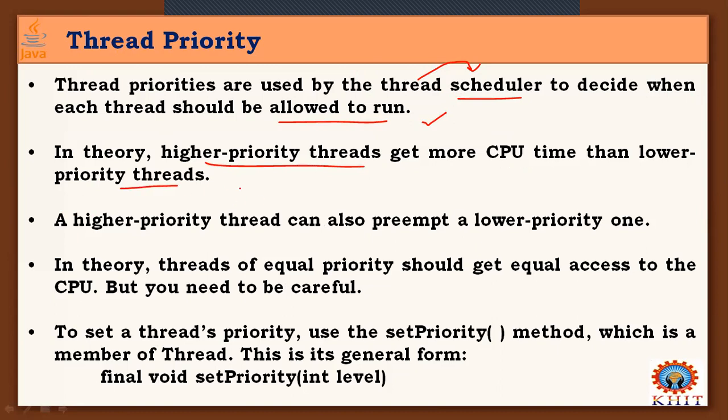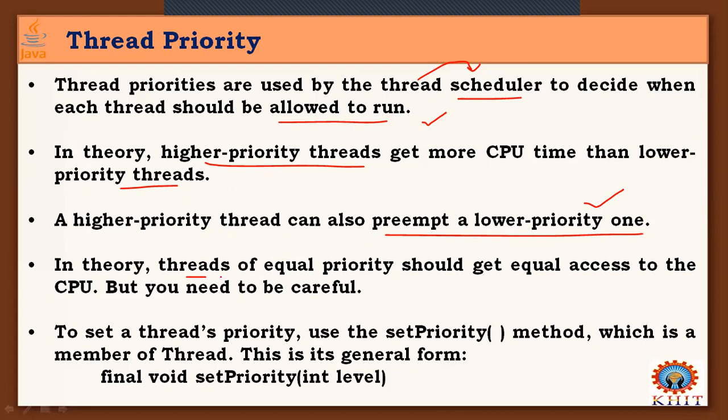When higher priority threads need to be executed urgently, we allocate more CPU time to their execution, but lower priority threads will take some time and be scheduled later. A higher priority thread can also preempt a lower priority one. Okay, it may be possible sometimes.